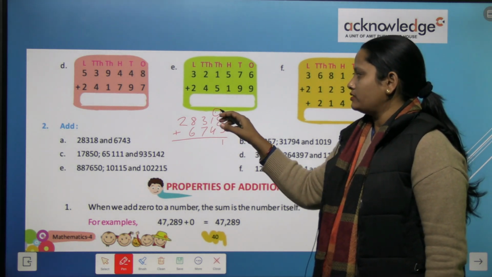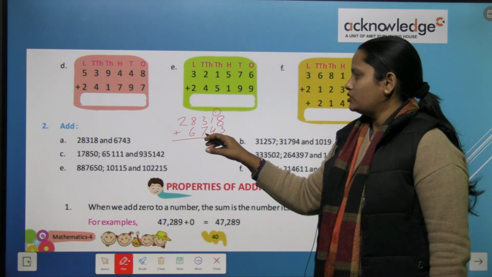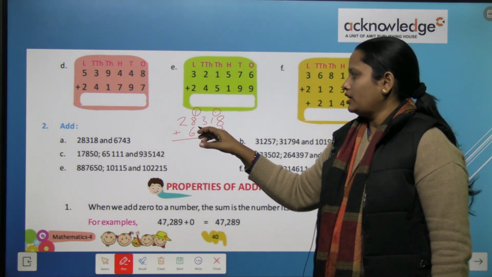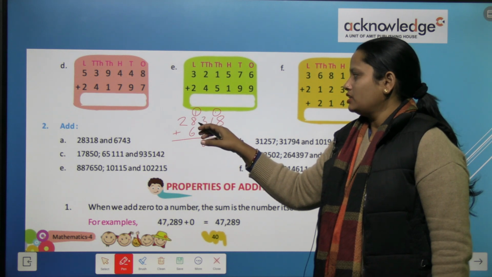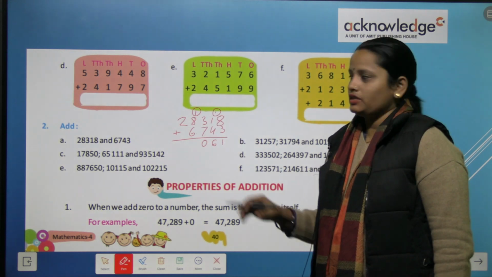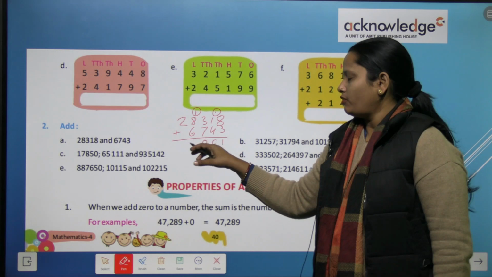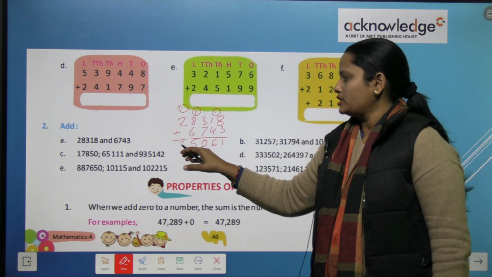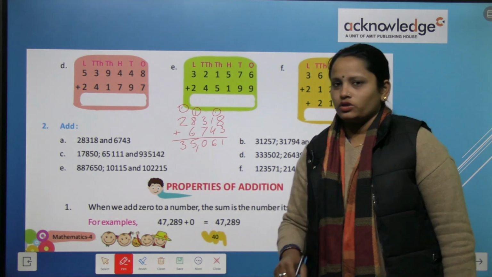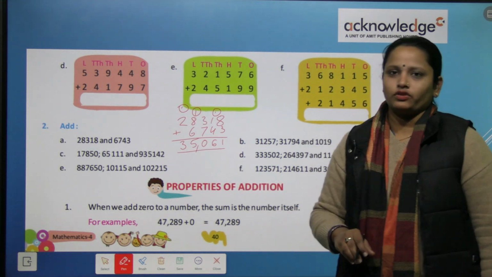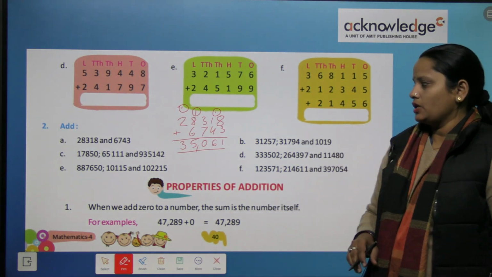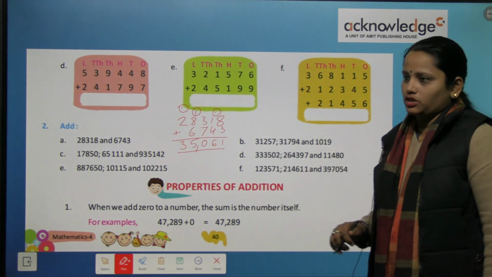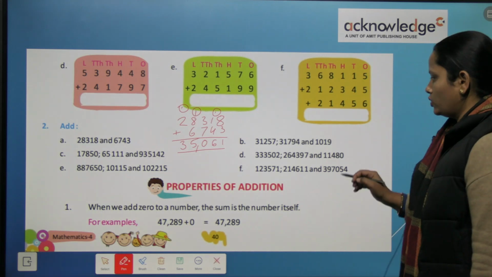Again 4, 5, 6. 7 plus 3 is 10. 8, 6 plus 1, 7 and 15. 2 plus 1 is 3. So here the answer is 35,061. Similarly, let's do 1 from here and the rest you have to do on your own.